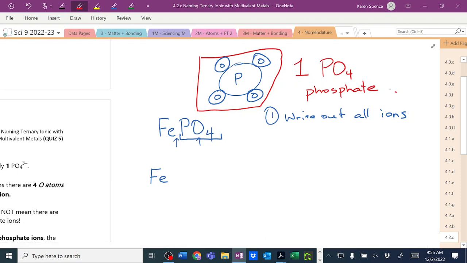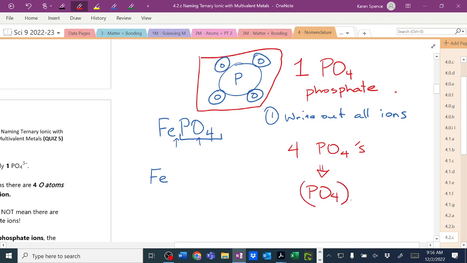If we wanted to have 4 phosphates, we would write it like this: PO4 in brackets with a 4 on the outside. But if there's no brackets and no number on the outside, it's just 1.